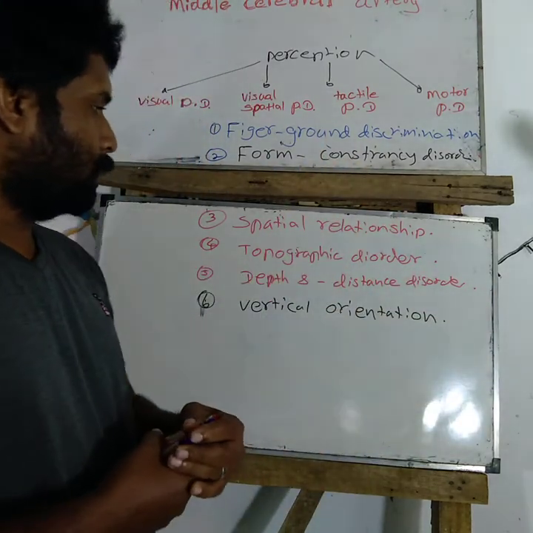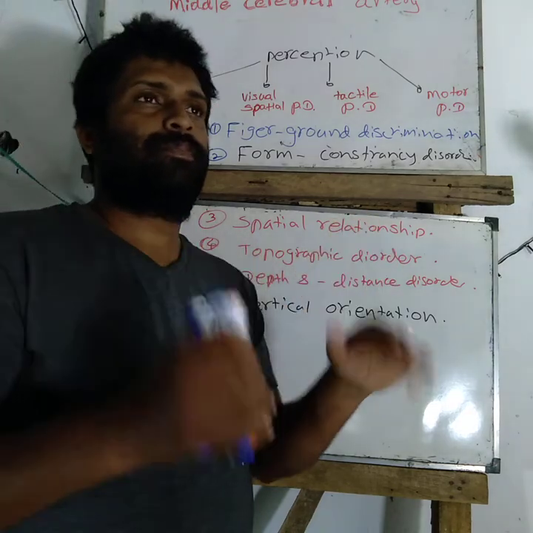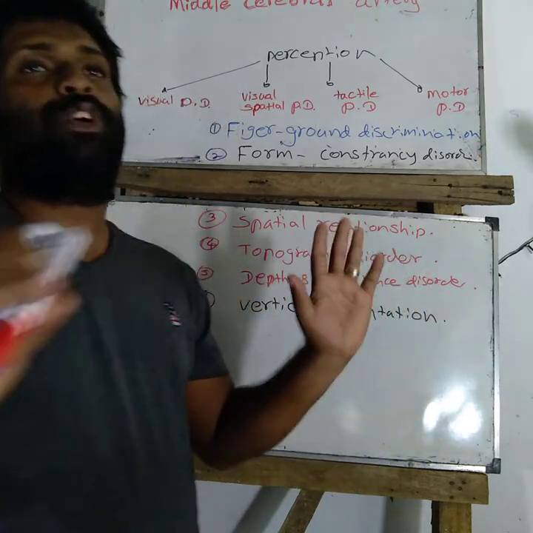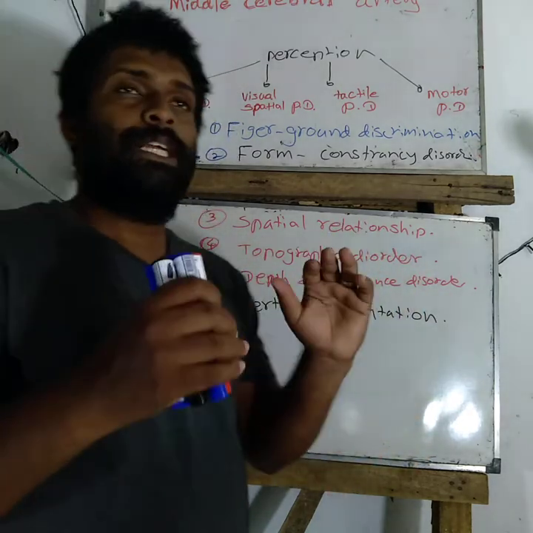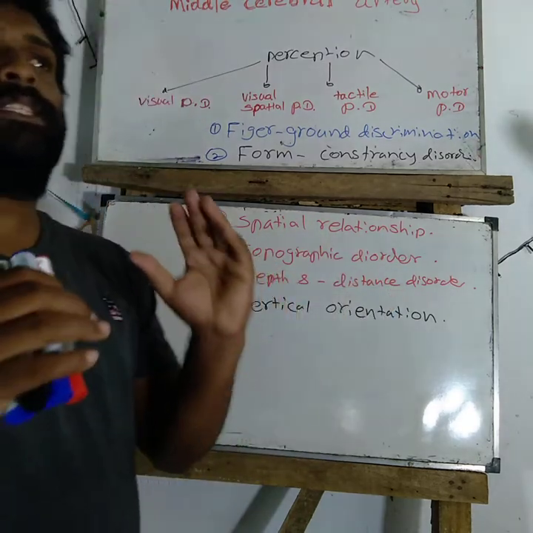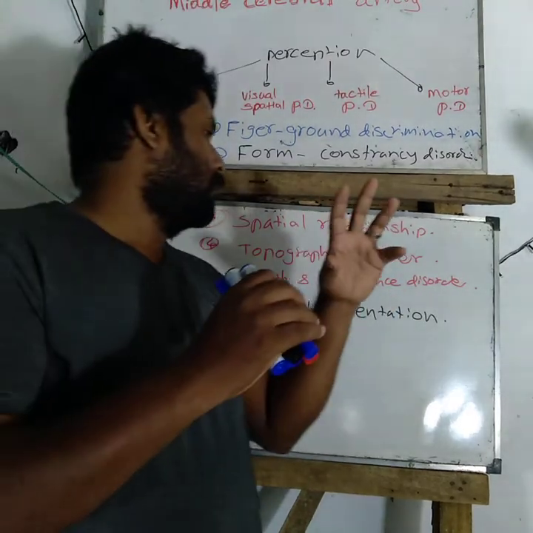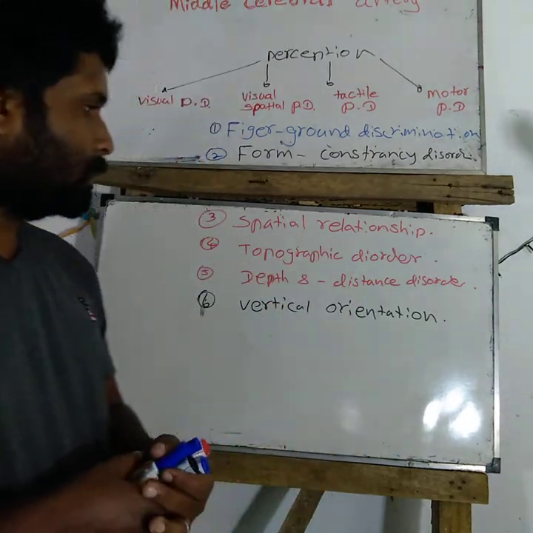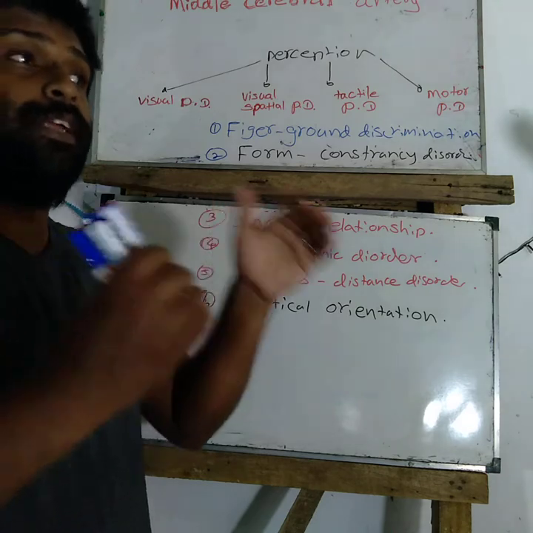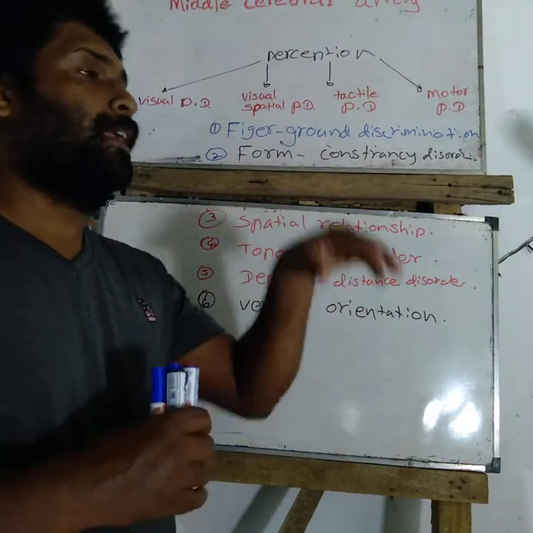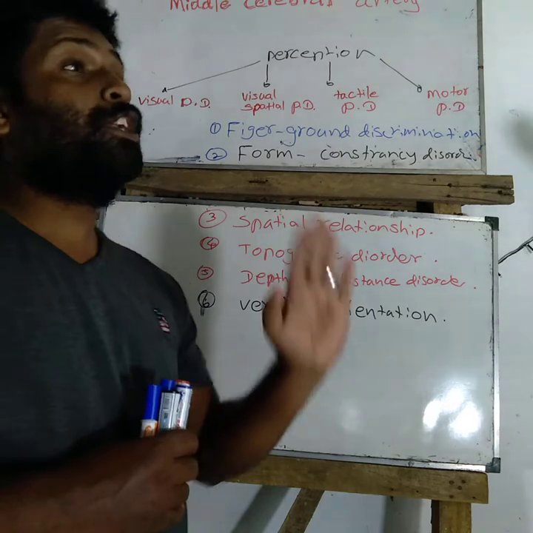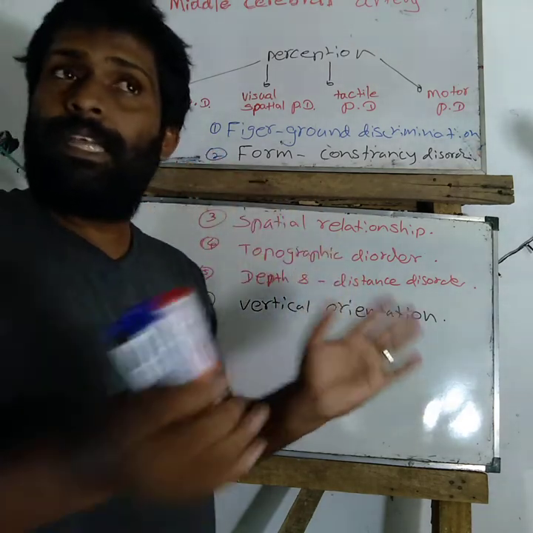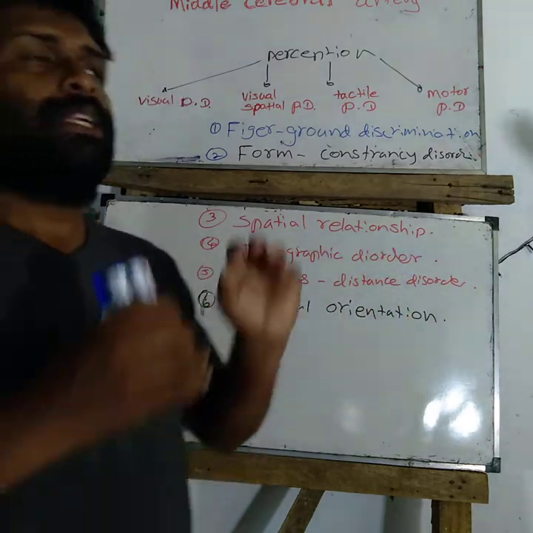Topographic disorder. Topographically we can understand several pictures, areas, pathways, and left and right. Topographical dysfunction is the disorder, the difficulty the patient has.